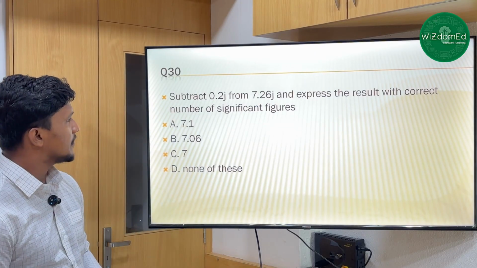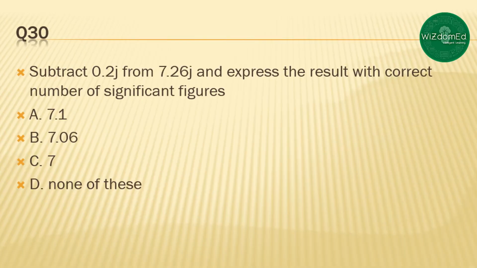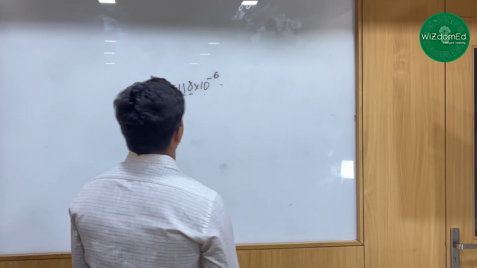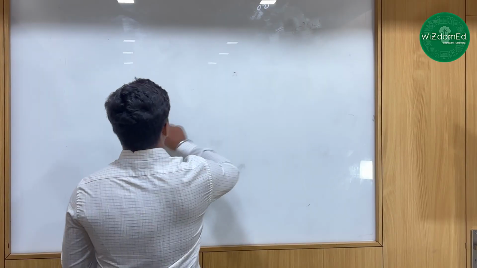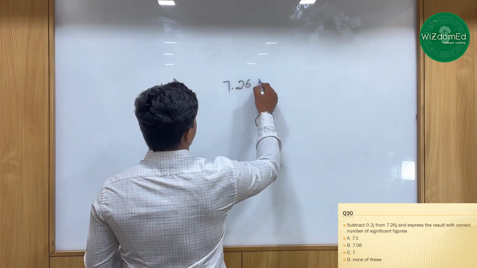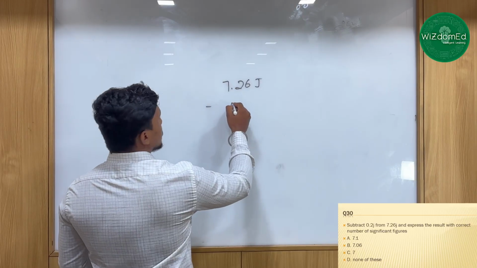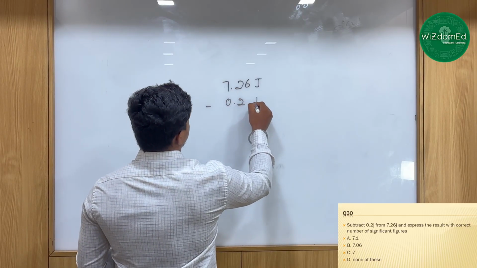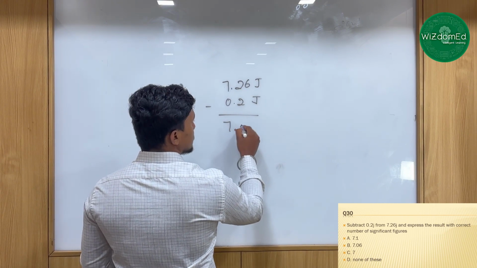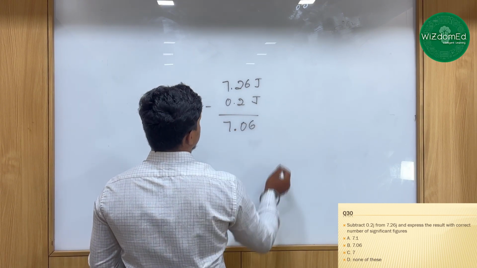Okay. The question is to subtract 0.2 joules from 7.26 joules and express the result with the correct number of significant figures. So let's take 7.26 joules minus 0.2 joules. If we subtract the values, we get 7.06.